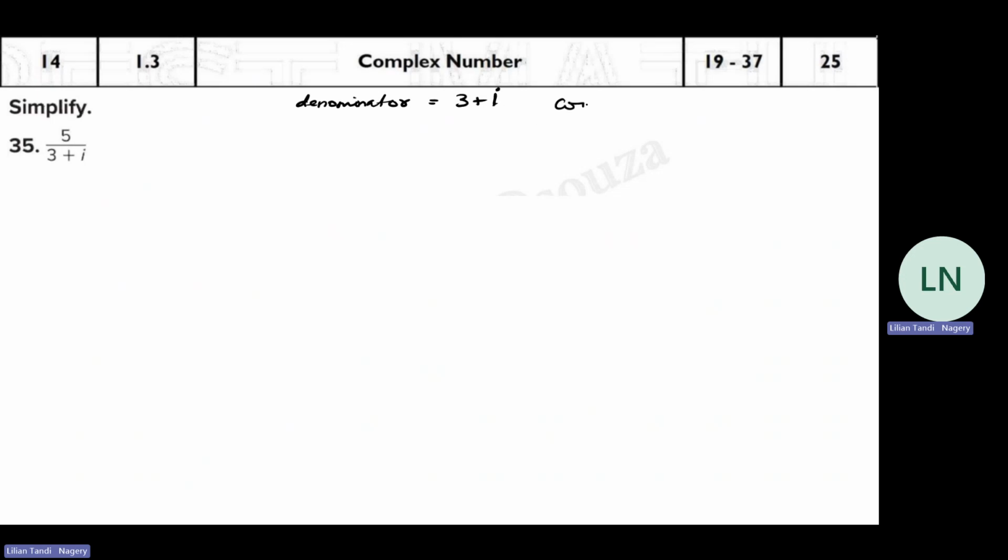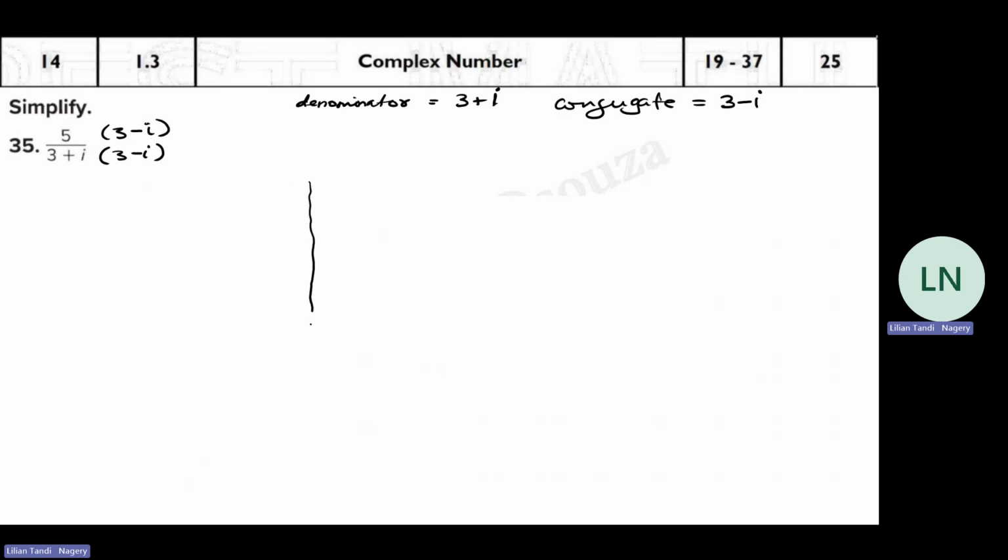The conjugate is 3 minus i. Okay? So multiply here with 3 minus i, and here 3 minus i. When you're doing this, you're rationalizing the denominator, meaning there should not be i in the denominator.